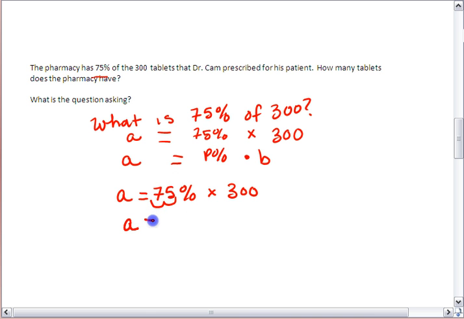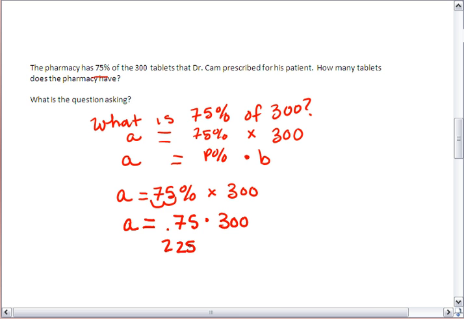So that's like saying A equals 0.75 times 300. This is something that you can use your calculator for. So if I type 0.75 times 300, I'm going to get 225.